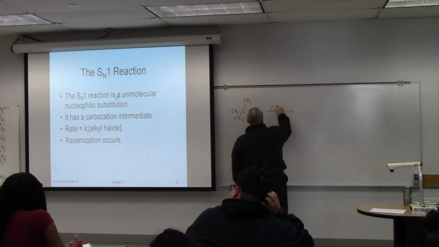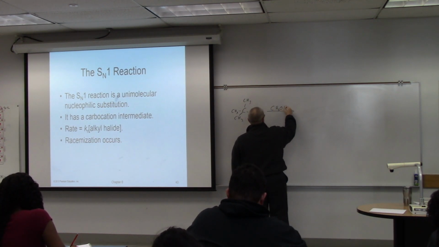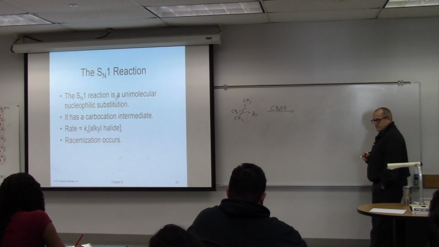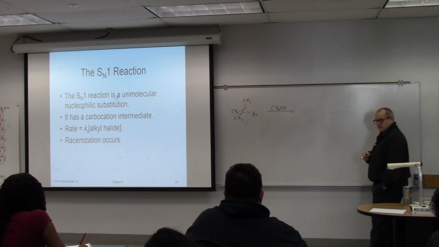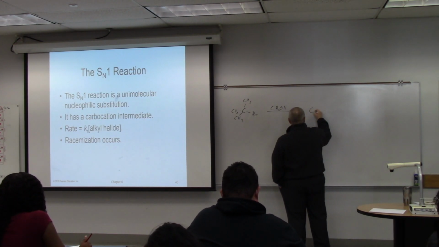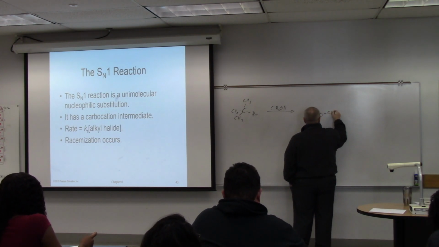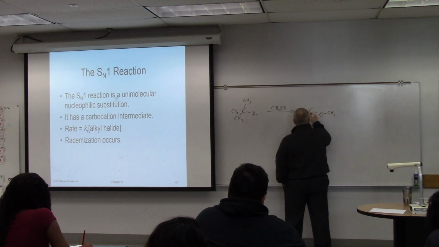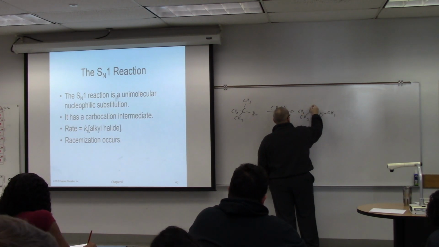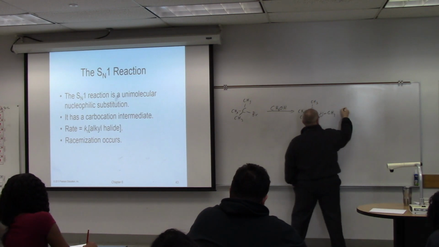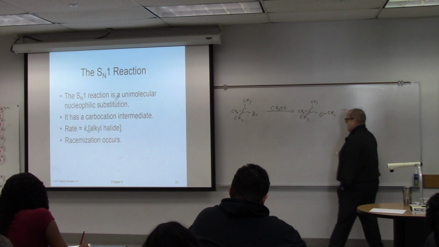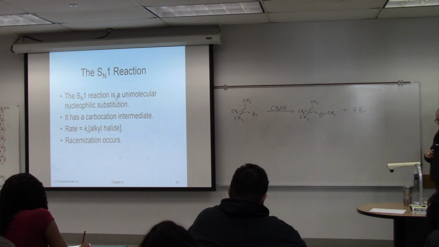And then here we will put in, say, some methanol. Notice I added a polar protic solvent. Not polar aprotic, polar protic. Methanol. There we go. That's a classic SN1 reaction.